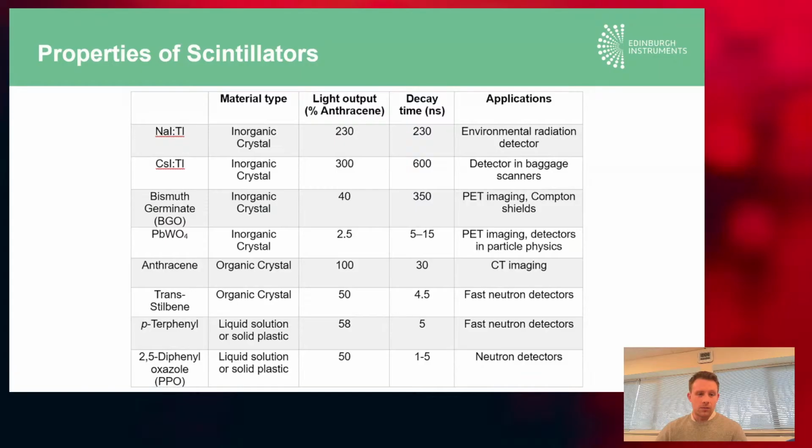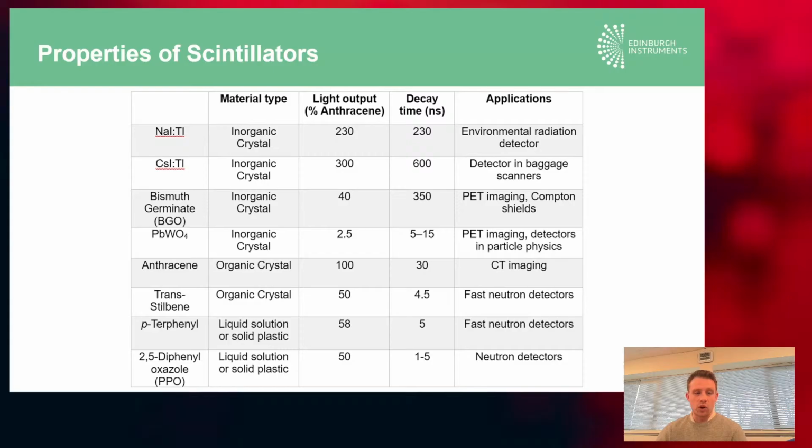So this is a bit of a summary of different types of scintillators and what some of their properties are. One important aspect of a scintillator is its light output, so how efficient is it at generating optical light from ionizing radiation. Another property is the decay time, so how fast is the scintillator able to convert the ionizing radiation into UV or visible radiation? And this will determine what kind of applications it is used for.